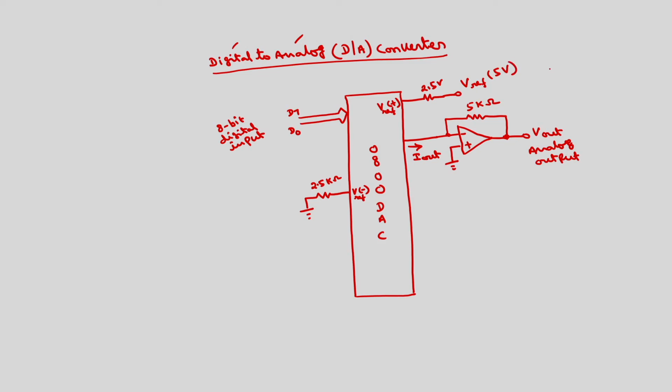Then the I reference will be given by V reference divided by R reference. So this current comes to 5 by 2.5 kilo ohms, which is 2 milliamps.